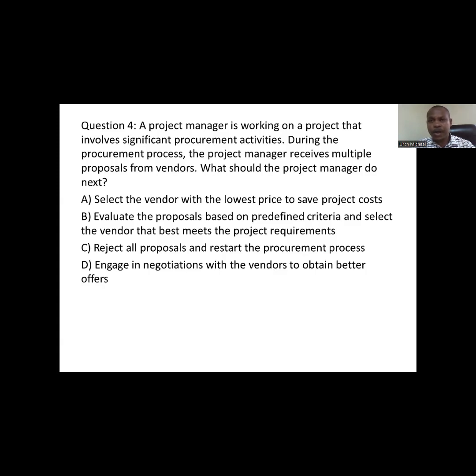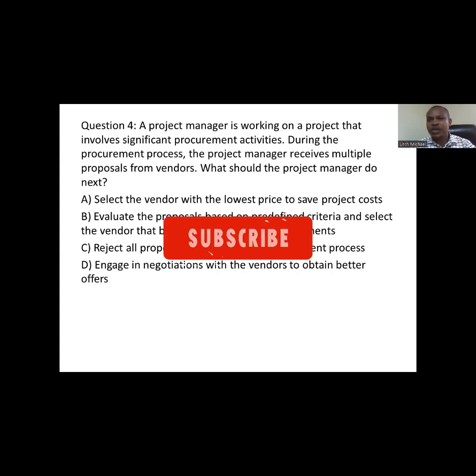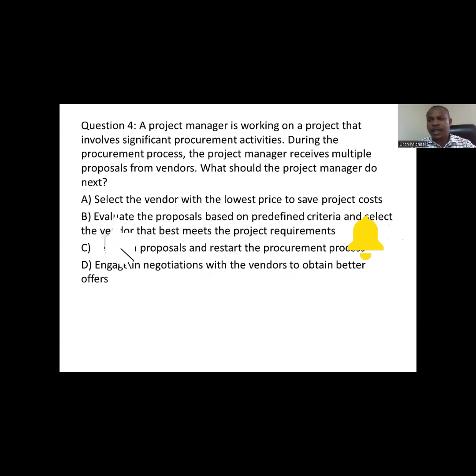Normally when you are about to conduct procurement, there will be so many proposals from so many vendors. You need to analyze. There are criteria you need to analyze, and based on those criteria, you have to go through the selection process because you want to get the best vendor out of them.